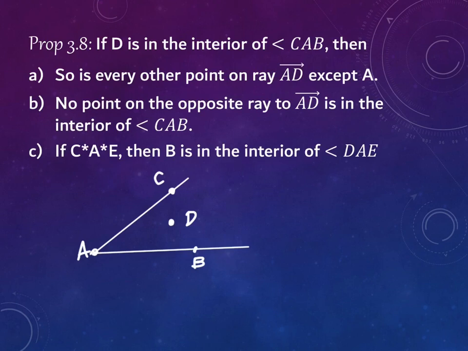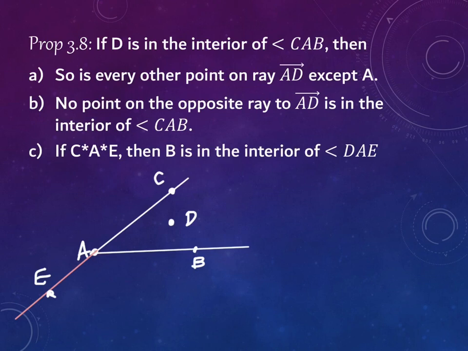And then it's saying if we have a point A between C and E, in other words, if I were to extend this, then that point B will be in the interior of angle DAE.